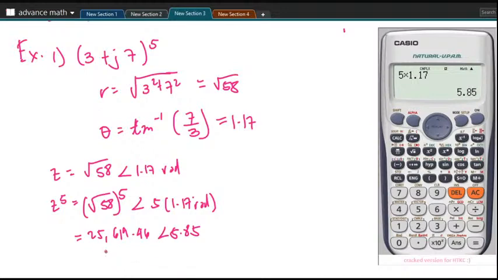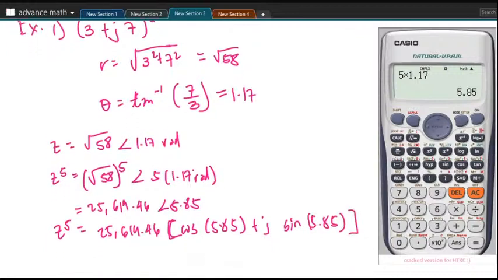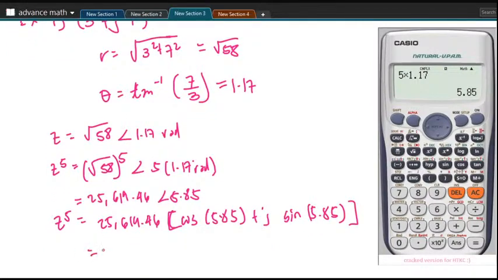We are going to convert this into the rectangular form. So z to the power of 5 is equal to 25,619.46 cosine of 5.85 plus j sine of 5.85.